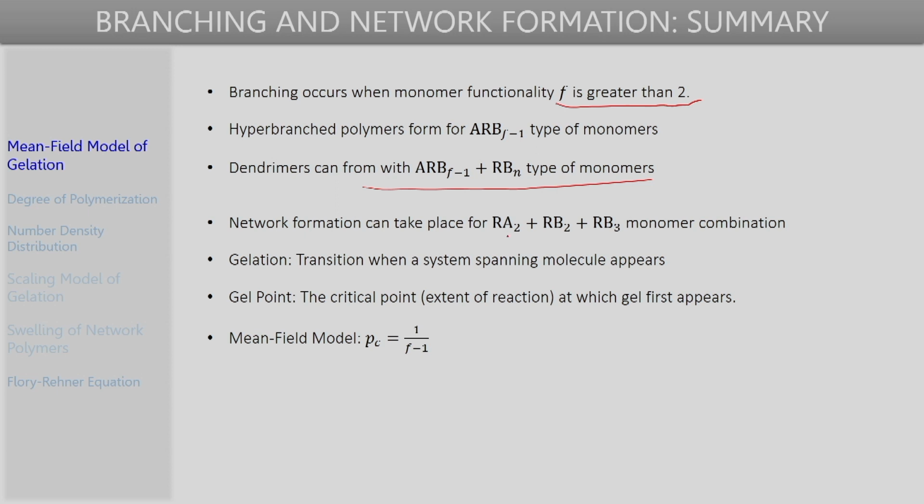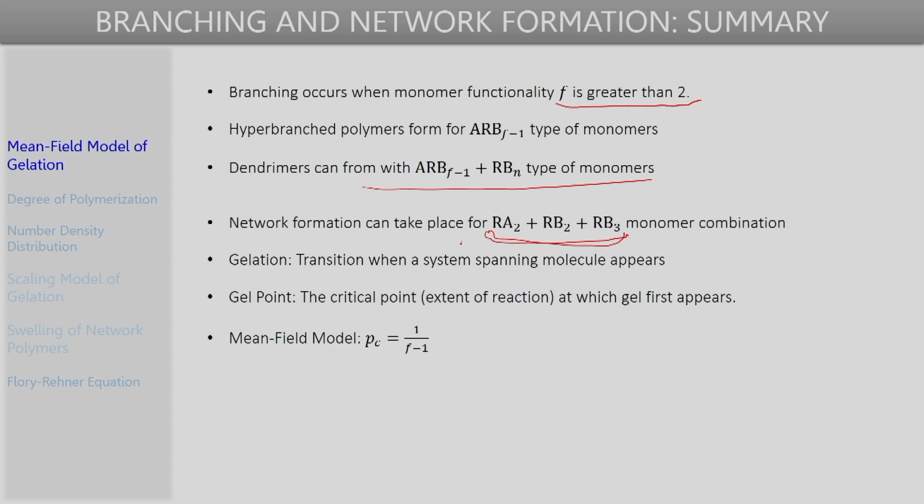With respect to network formation, we discussed that if we have a monomer combination of this type, then network formation can take place through the formation of junction points. This is not the only combination of monomers that will result in network formation. If we just have a monomer RA3, where A can react with itself, such as some kind of polyol where the OH groups can react to form an ether linkage, such cases also can result in the formation of network polymers.